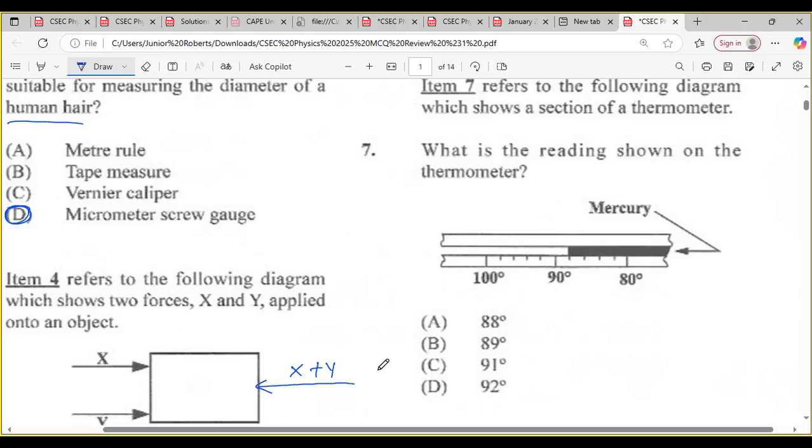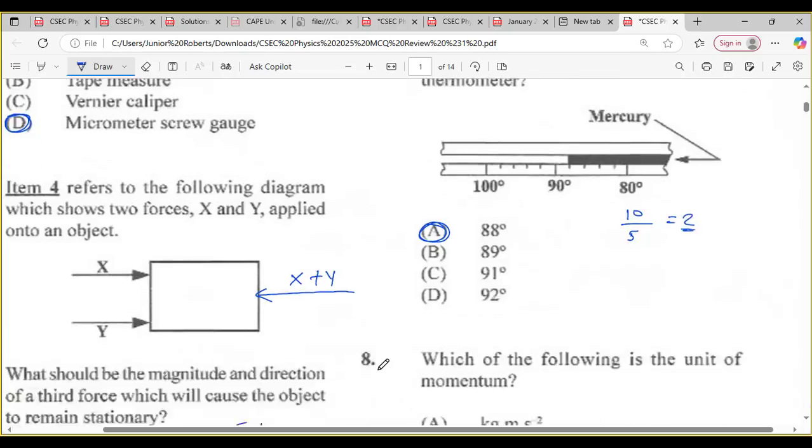If we take the difference of 80 and 90, we're going to get 10. And if we now divide by the number of divisions, which is 5, we're going to get 2. So each of these divisions is 2. If we have 80 right here, we're going to have 82, 84, 86, and then 88. So we're going to settle with A for number 7.